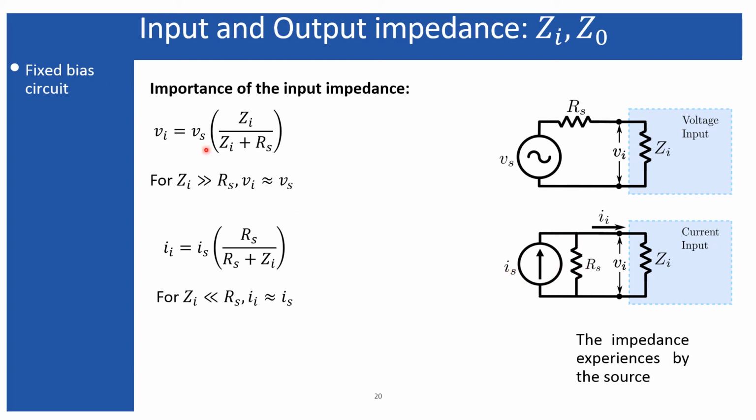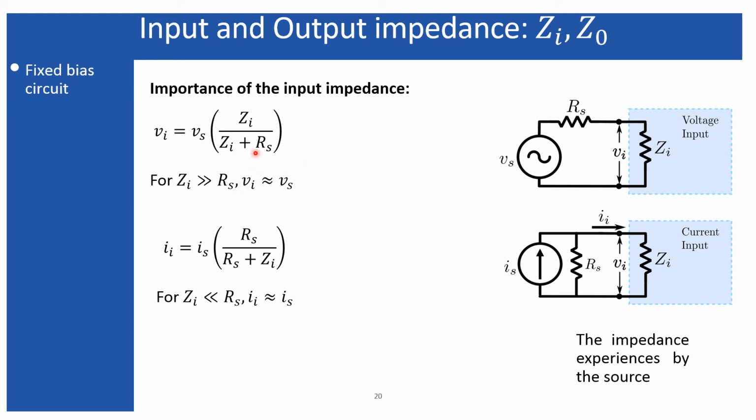So for the first case, the Vi, which is the voltage appearing across the input impedance of the device, or which is the actual voltage the device is going to process, is equal to Vs times Zi divided by Zi plus Rs. Simple voltage divider rule you can apply.